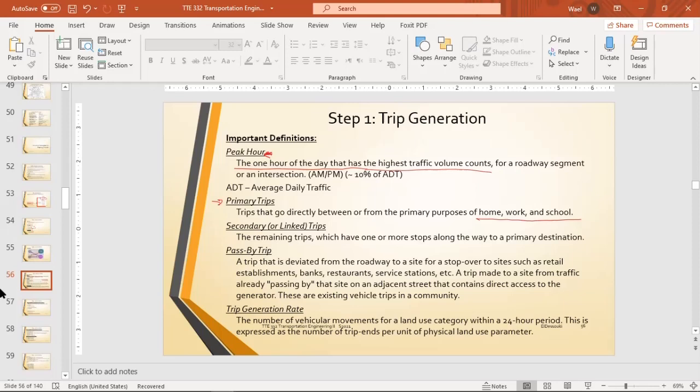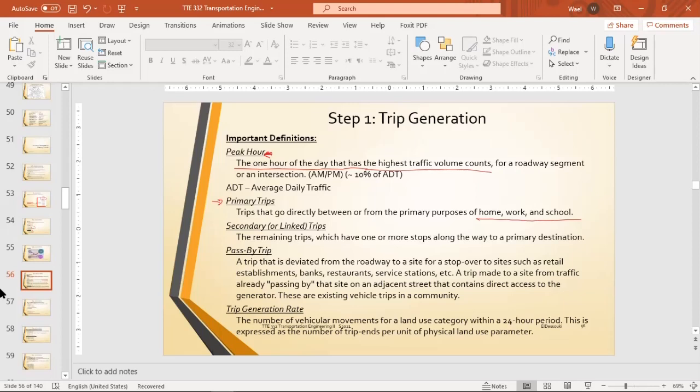Sometimes we go shopping during the week, but we don't go shopping every day of the week. But you go from home to work every day of the week. You go to school or to the college every day of the week. That's assuming that we don't have COVID-19.